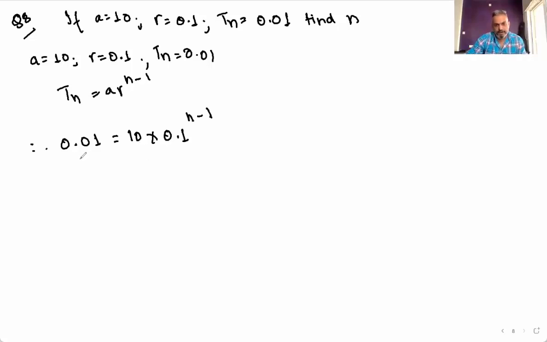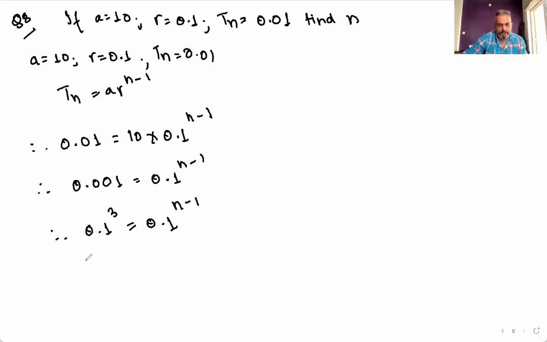Now 10 will divide here. So that will become 0.001 is equal to 0.1 raised to n minus 1. Therefore, 0.1 raised to 3 is 0.1 raised to n minus 1. Therefore, n minus 1 is equal to 3. Therefore, n is equal to 4. Answer.